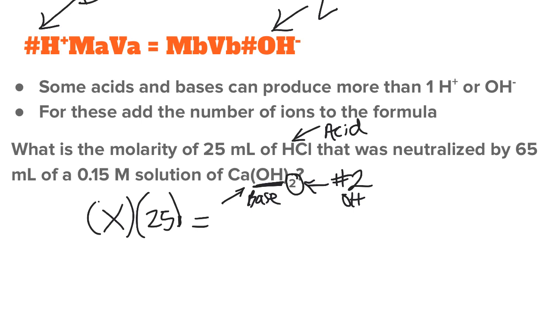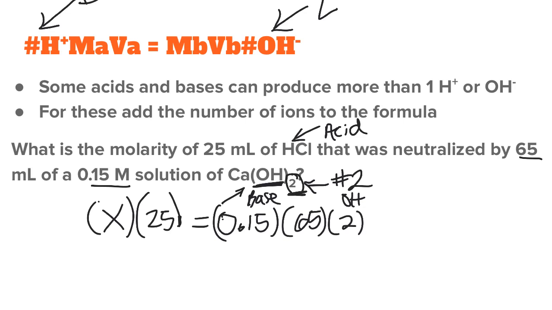Now if we go over to the base side, we have 0.15 as our molarity, and then we have 65 milliliters. But now we're going to add a 2. That 2 comes from the fact that there are 2 hydroxides in that formula.